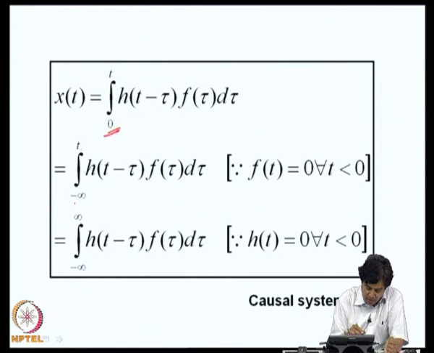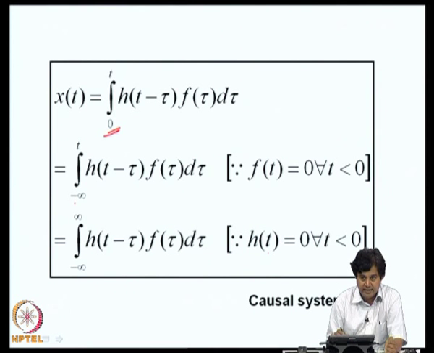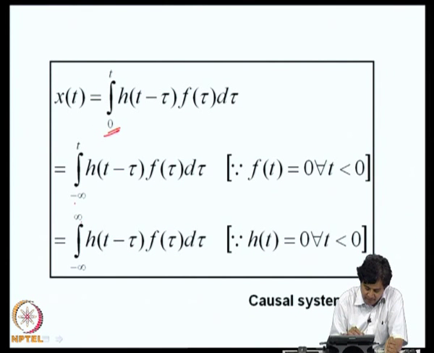Now, you could also write the upper limit as infinity simply because h of t is the impulse response of the system applied at t equal to 0. If the argument t minus tau becomes negative, that would happen when tau is greater than t. That means from t to infinity the argument of this function will be negative.